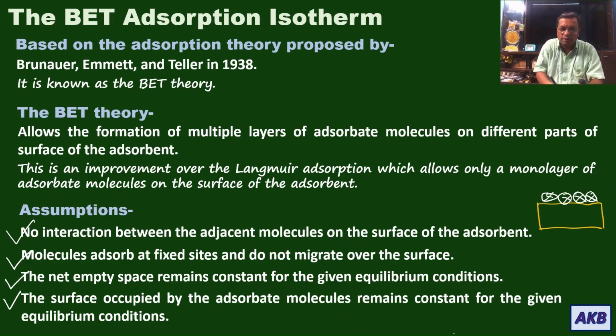The derivation of the applicable equation is based on these four assumptions. No interaction between the adjacent molecules on the surface of the adsorbent, molecules adsorbed at fixed sites and do not migrate over the surface, the net empty space remains constant, and the surface occupied by the adsorbate molecules remains constant for the given equilibrium conditions.